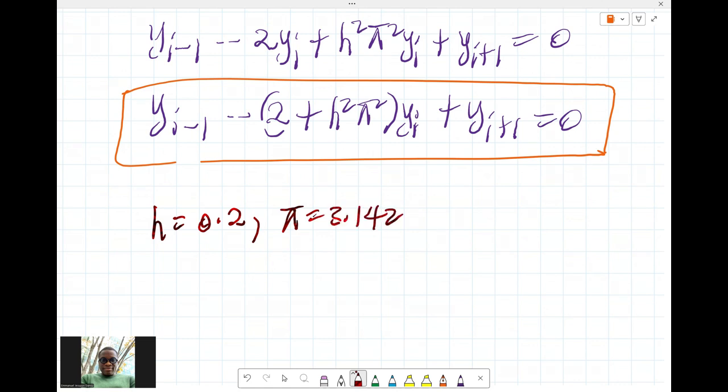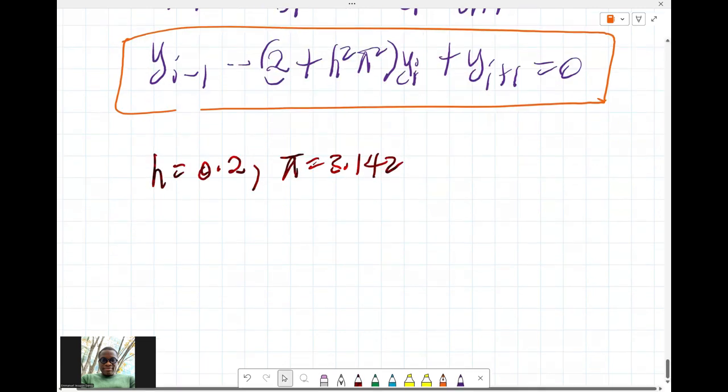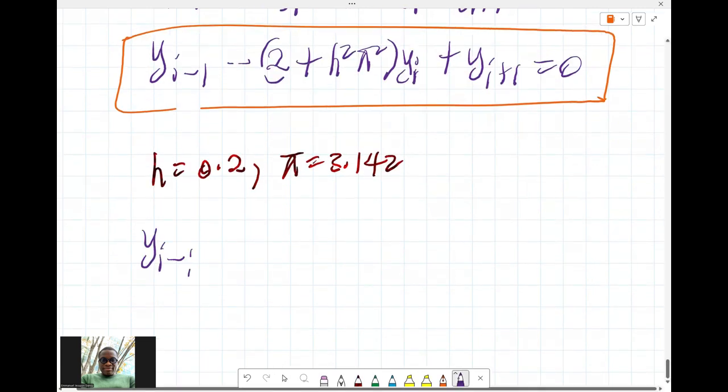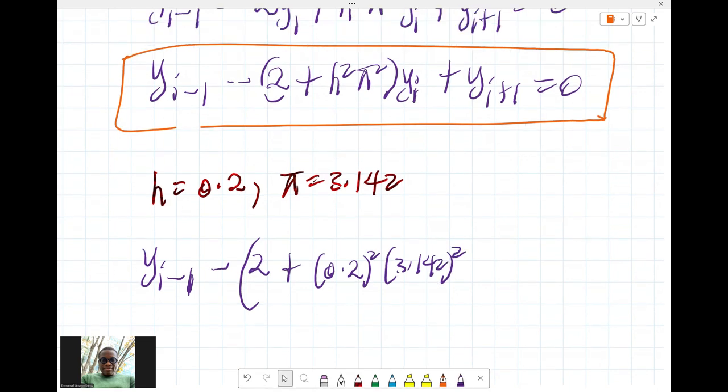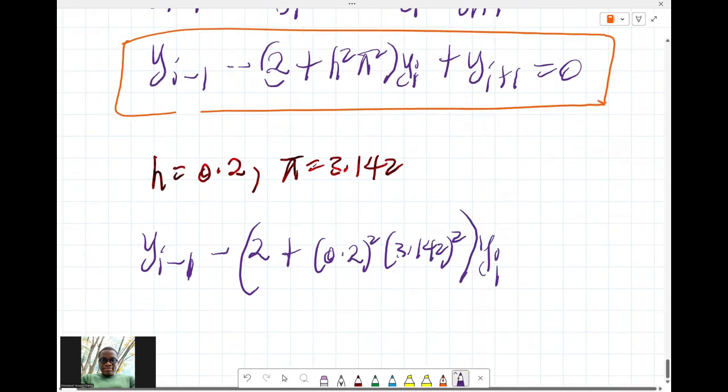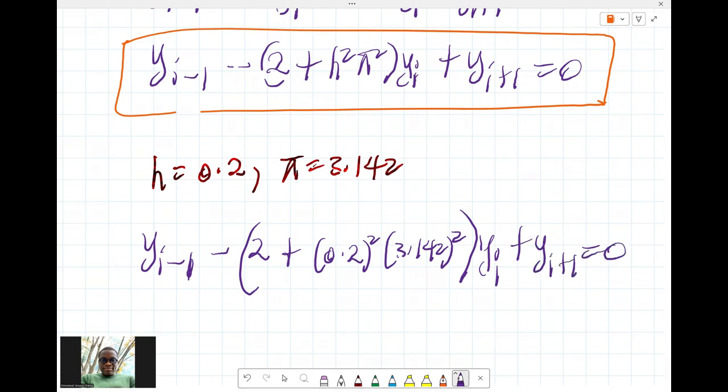So with this, we have y_{i-1}, minus 2 plus 0.2 squared into 3.142 squared, all of that times y_i, plus y_{i+1} equals 0.